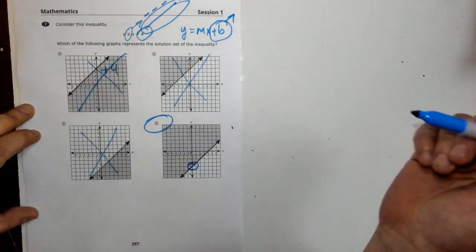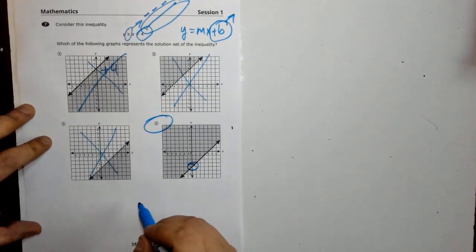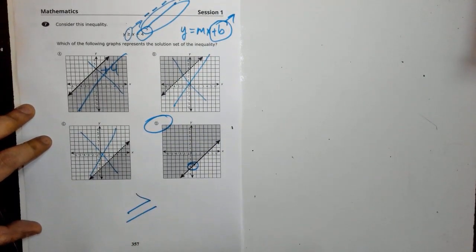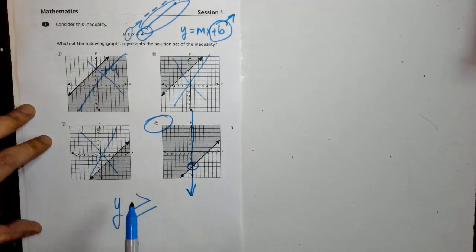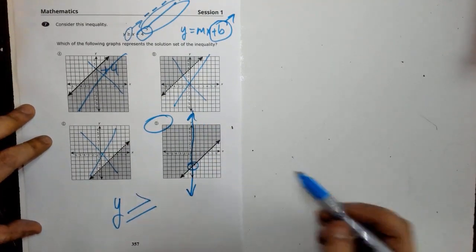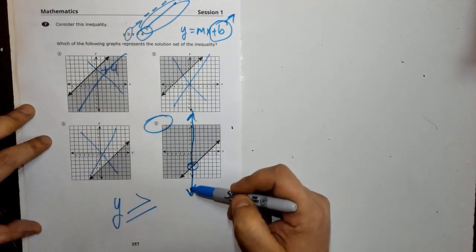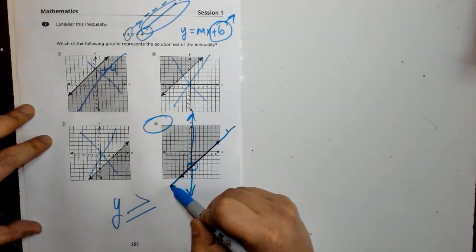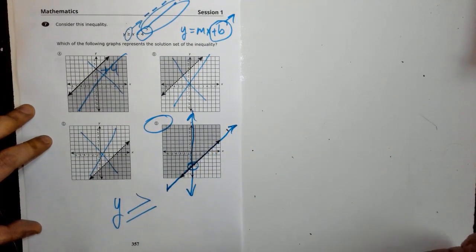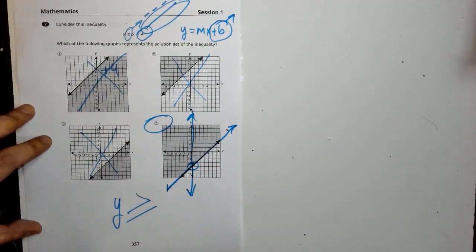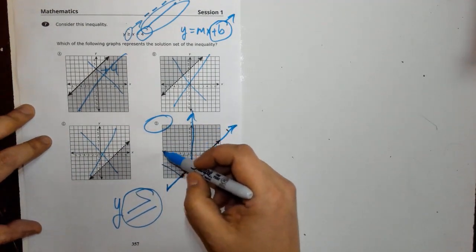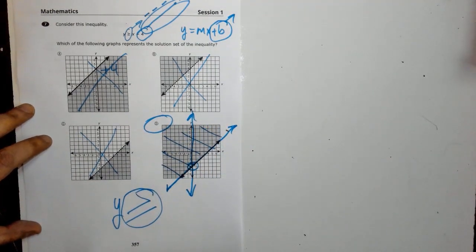At this point it's not important because we already got the answer, but because my question says greater than or equal to, I'm looking at my y values. If I take this line as my reference line, which side, above or below, has the greater or equal numbers? That is above my line, all of this area.